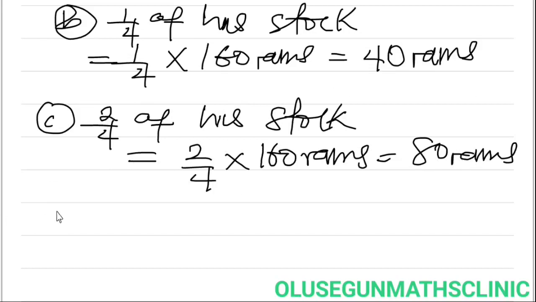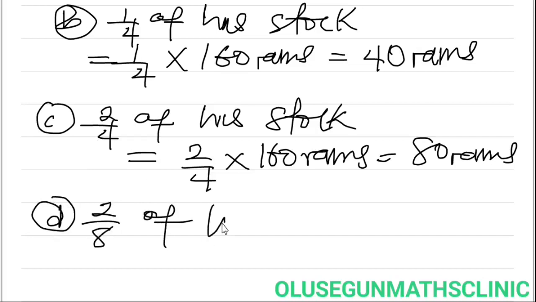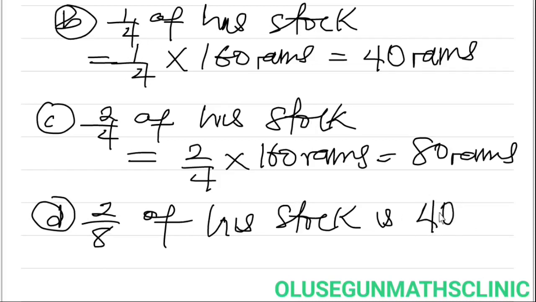Let's say another example, D. 2 over 8 of his stock: now, 2 over 8 is the same thing as 1 over 4, and 1 over 4 gives us 40 rand. So 2 over 8 also gives us 40 rand. What I'm explaining here is that equivalent fractions, when you say 2 over 8, it is the same thing as 1 over 4.